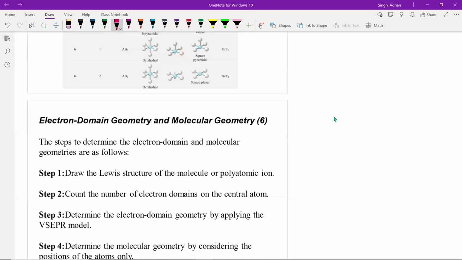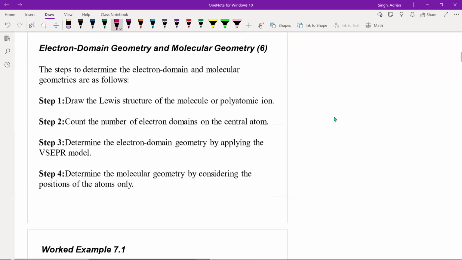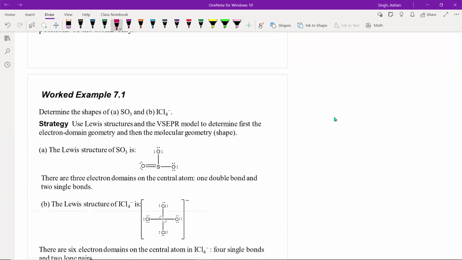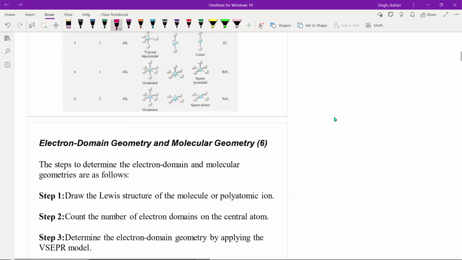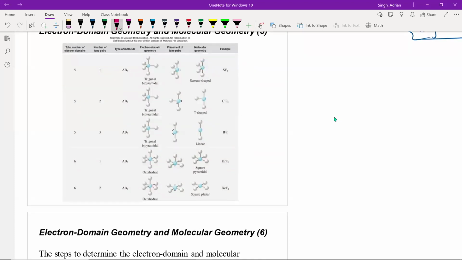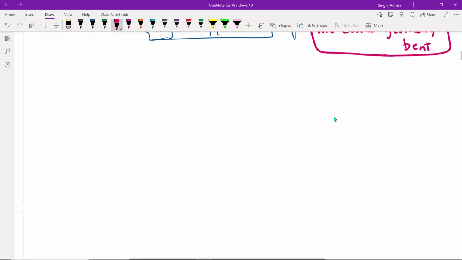So let's take a look at a couple examples, and we're going to illustrate this using, we'll do another example. Let's do SF4. Okay, so sulfur tetrafluoride.